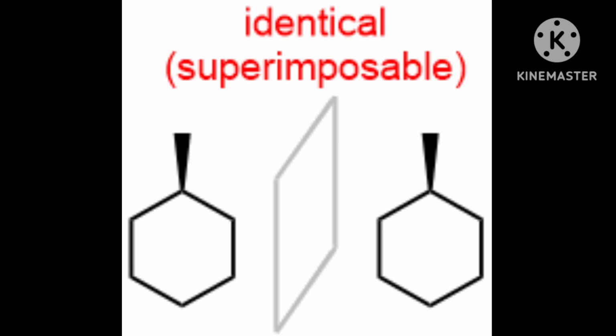The symmetry and asymmetry are also observed in many day-to-day objects. For example, a sphere, a cube, a cone are all identical to their mirror image and can be superimposed.